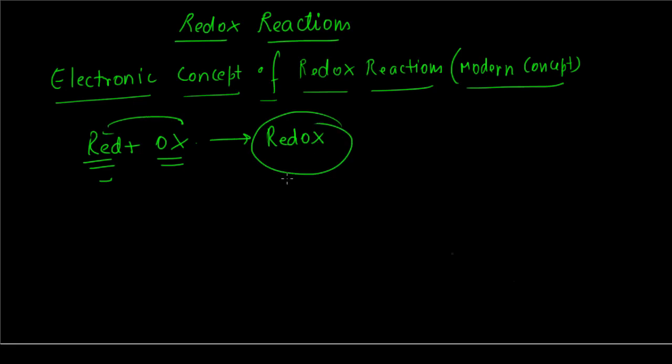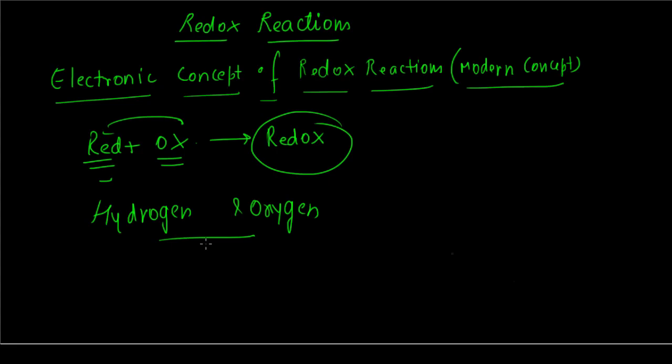This is what we learned in the last video, right? So what we learned was basically the classic definition of reduction and oxidation, which has been going on for a long time. You've learned it in class 10 as well. But as time progressed, many chemists realized that the definition of reduction and oxidation based on hydrogen and oxygen, or the electronegativity of the species, was not quite correct, or not quite applicable in all cases.